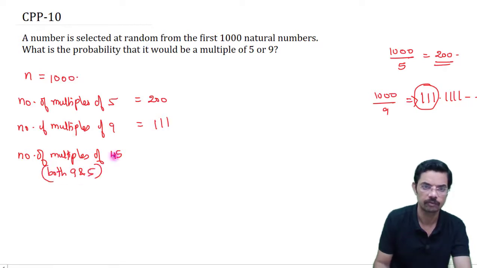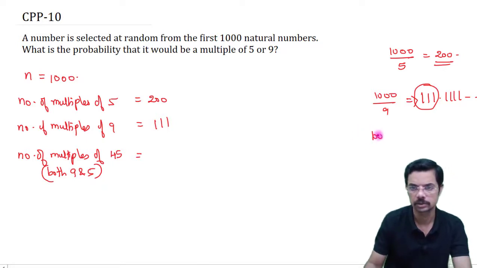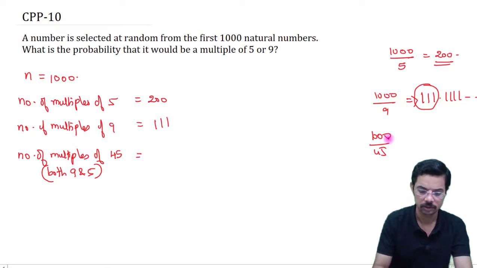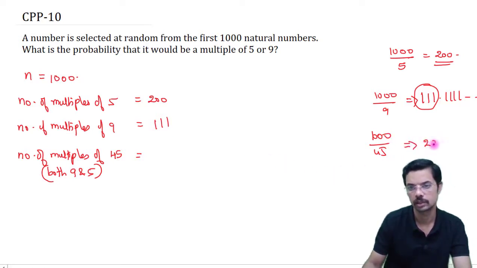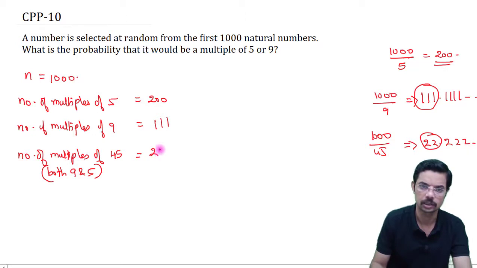Multiples of both 9 and 5 will be multiples of 45. So that will be 1000 divided by 45, which will give you 22.222 and so on. We take only the integer part, that is 22.